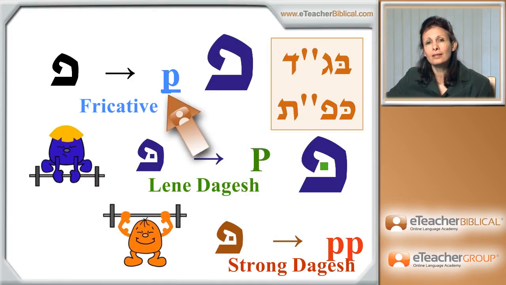So that's exactly the purpose of this Lene Dagesh. Both Dageshes look exactly identical, just a tiny dot in the heart of the letter. So it's going to require some kind of learning.